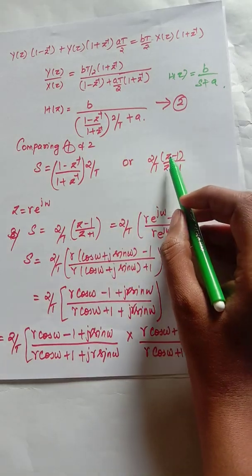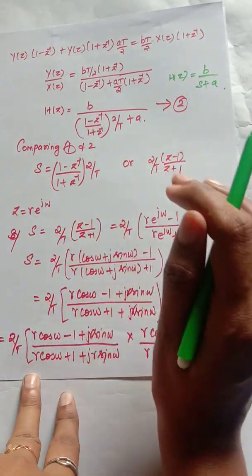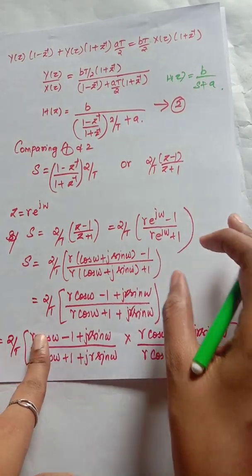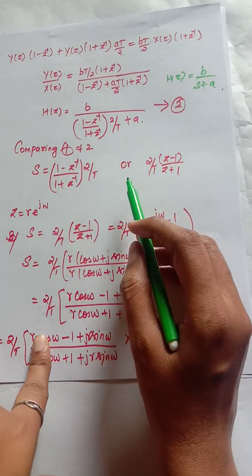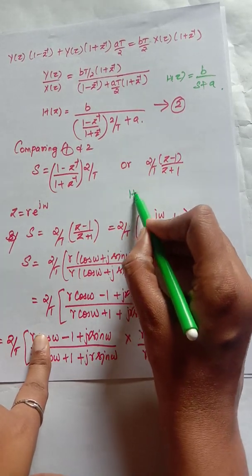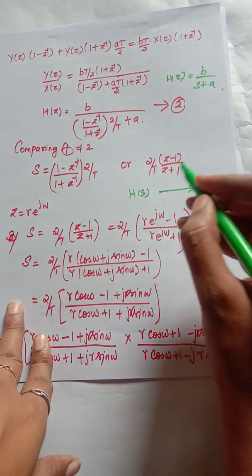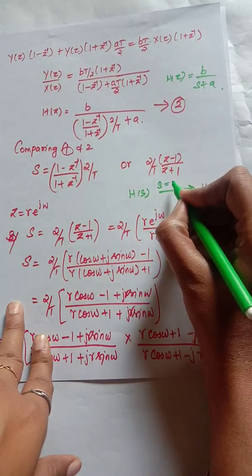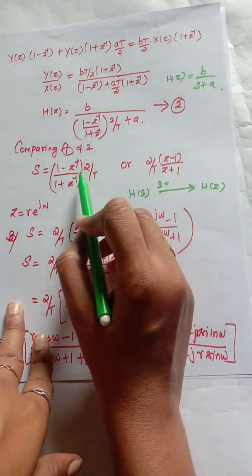Here we have to write z is equal to r e power j omega. First I will tell what we are going to do, and after this I will explain it. In this problem we have this H(s), and we are going to convert it into H(z). We convert by substituting s equal to one of these values.